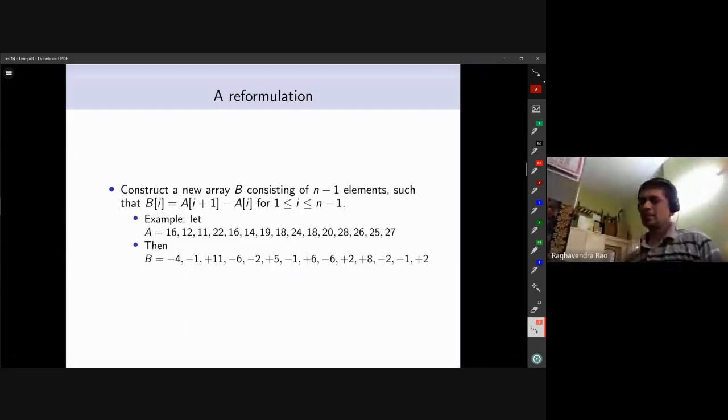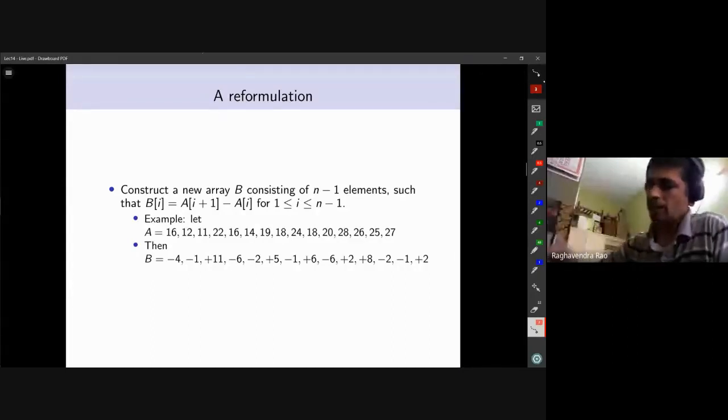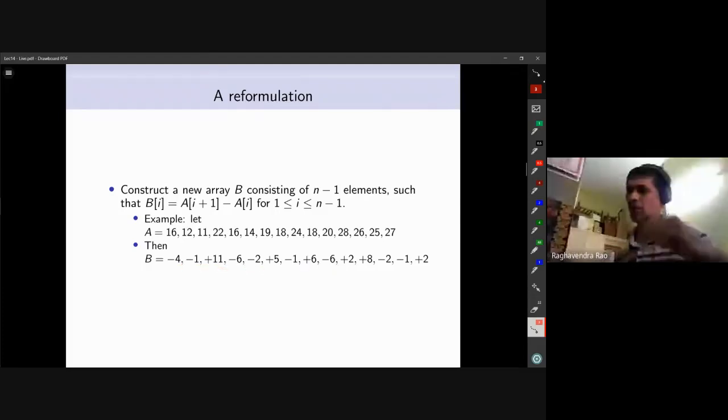Now let's have a close look at what is happening. Let's say I'm just looking at this array. These values basically represent differentials, right?